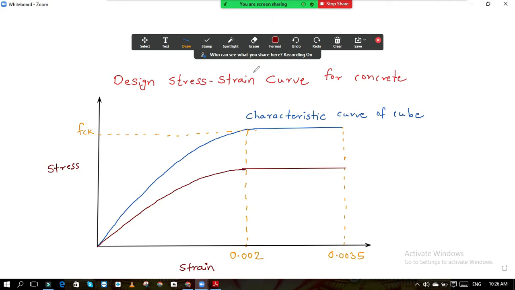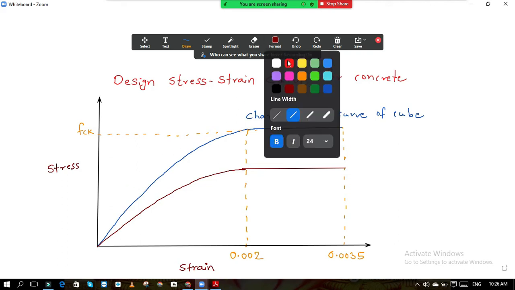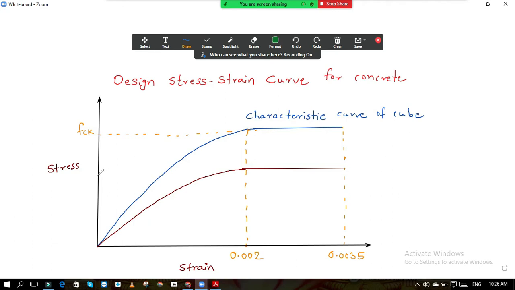Now again if we plot this on the stress y-axis and see the coordinate which we get over here, this is 0.67 fck, sorry, not fy, fck.